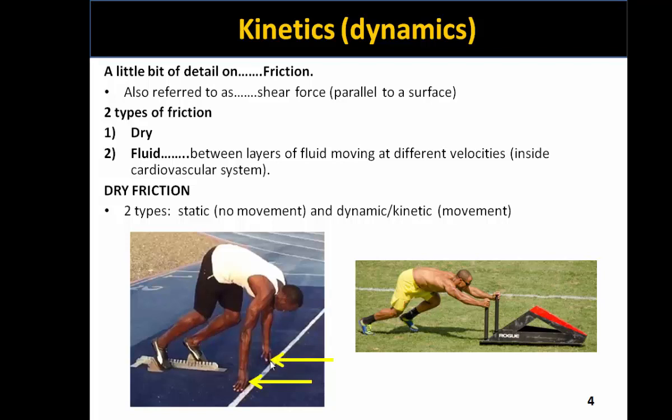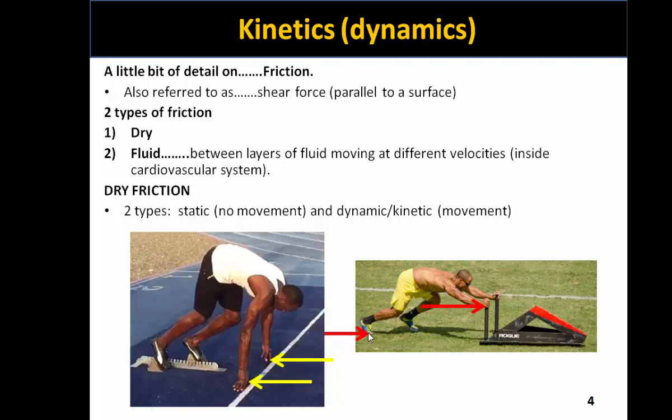This is not a complete free body diagram. If we were to draw a complete free body diagram, of course, we'd have to draw a vector representing his weight. We'd have vertical components. We'd have components against his feet. But in this picture, I'm only illustrating the friction components. Now, on the right-hand side, we see an athlete pushing a sled. The athlete is applying force against the ground.